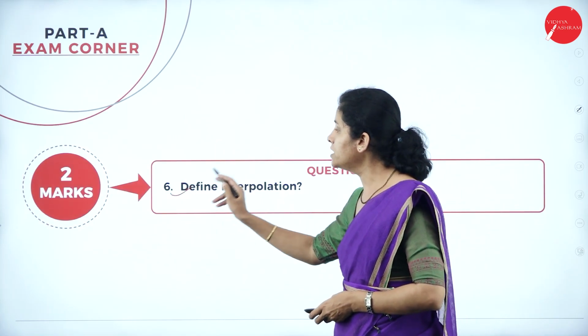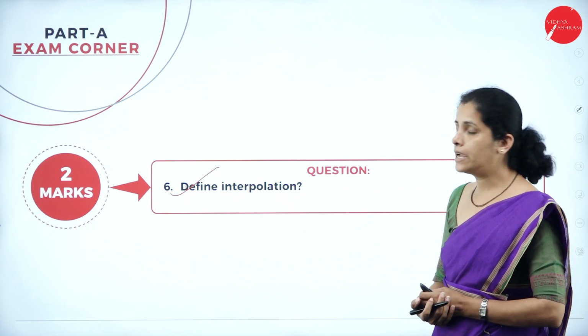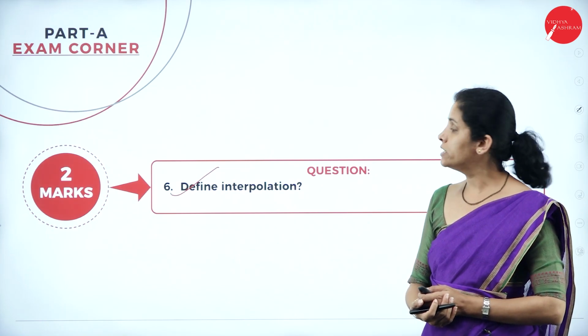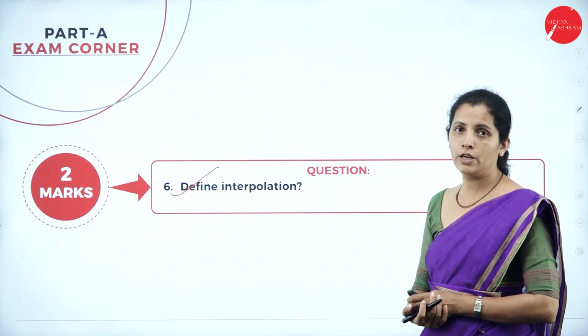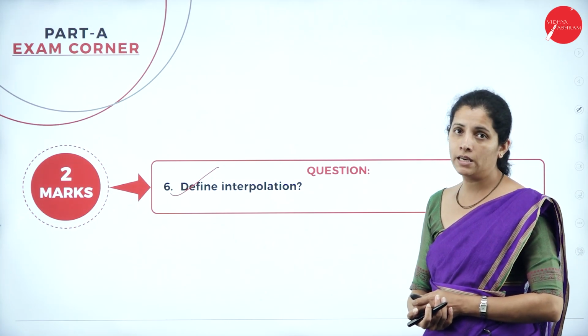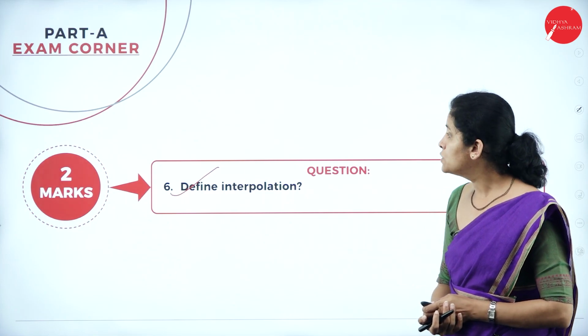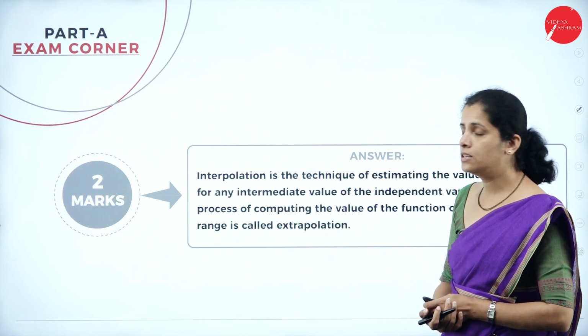The next question here is, define interpolation. So dear student, this question is once again from the second unit, and the chapter name here is interpolation. So what is interpolation?